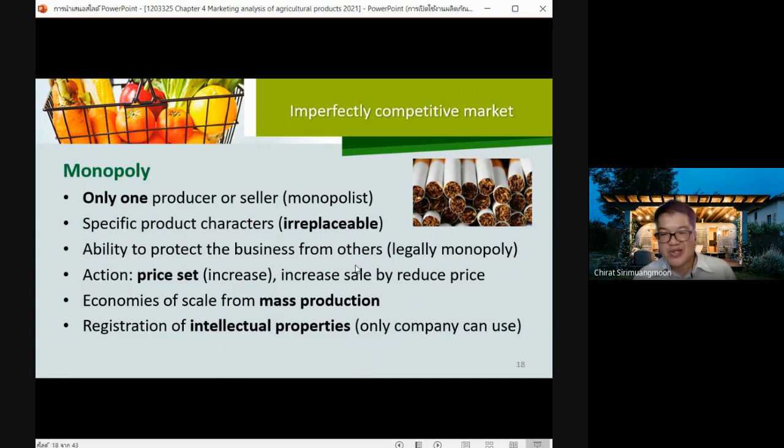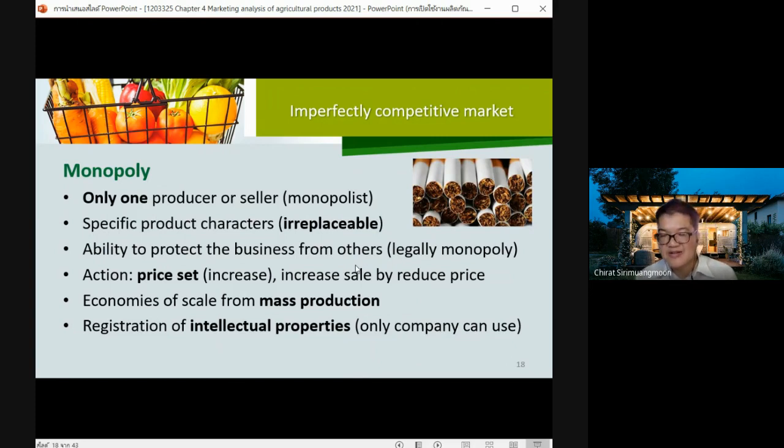Then a monopoly also uses economies of scale. In this case, they use mass production in order to reduce the total cost and save money. And sometimes a monopoly is not just legal. Sometimes a company can have the right to do so because they have IP, or intellectual property.